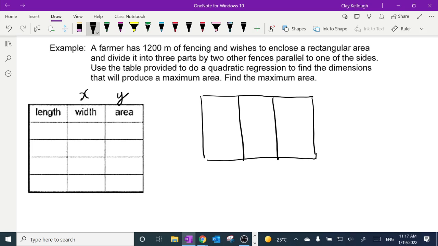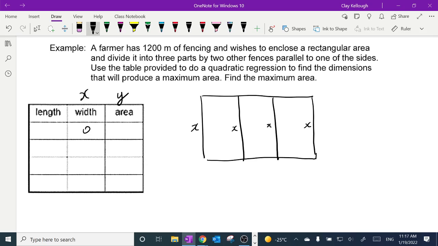So if I've decided this width here is going to be x, well then don't these all have to actually be x? So if I've decided that the x lines are going to be, let's start with 0.